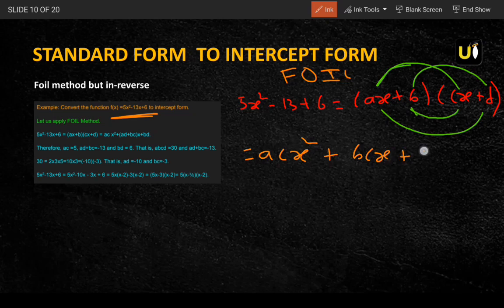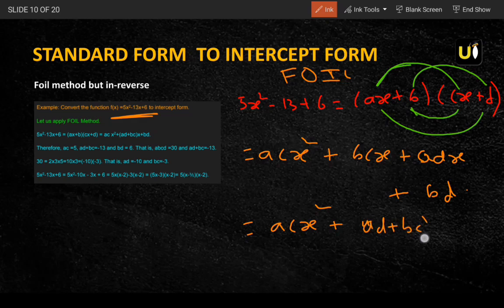Okay. So now comparing this equation with the original one. So here ac is equal to 5, ad plus bc is equal to minus 13 and bd is equal to 6. So here multiplying ac and bd will give you ac into bd is 30.